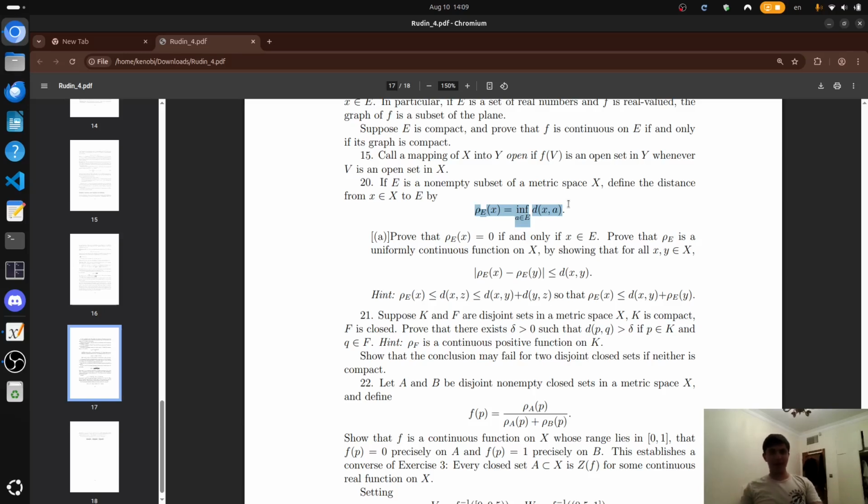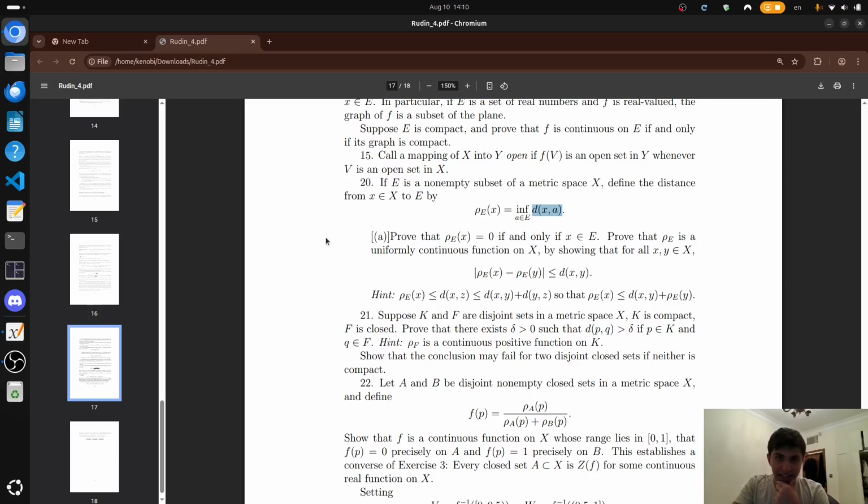We're calculating the distance from x in X to E. Prove that rho_E(x) equals 0 if and only if x is in the closure of E. Why? If it's 0, that means this infimum is 0. That means one point in this set is 0, which means that one point of this set is exactly the same thing as that point of that set, which means that it lies in that set.